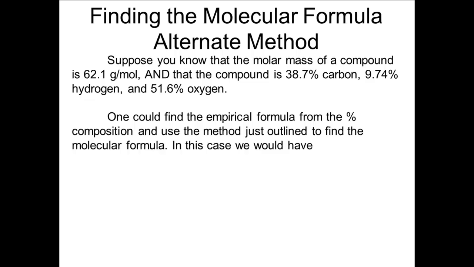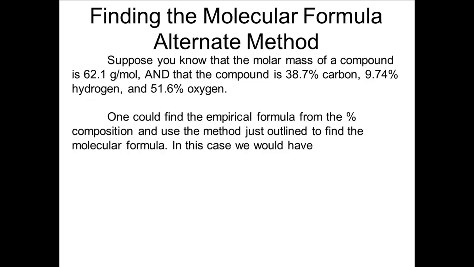Suppose you know that the molar mass of a compound is 62.1 grams per mole, and that the compound is 38.7% carbon, 9.74% hydrogen, and 51.6% oxygen. One could find the empirical formula from the percent composition and use the method we just outlined to find the molecular formula.